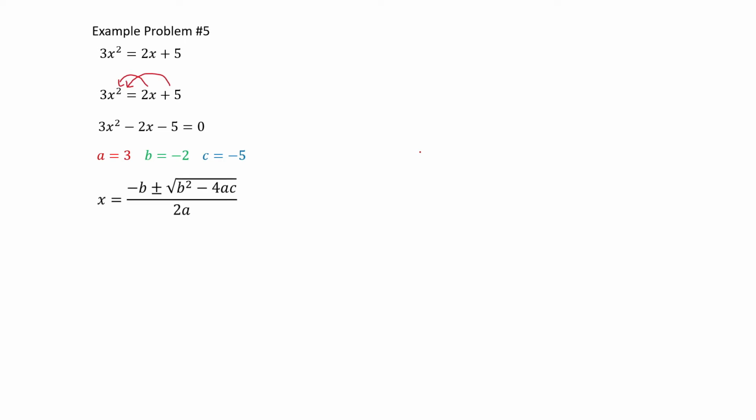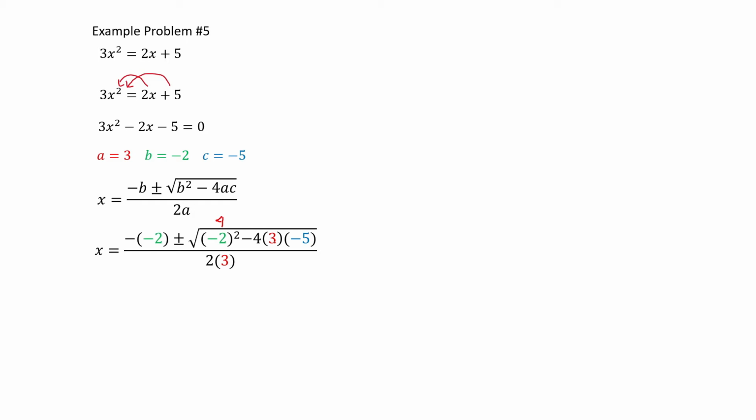Quadratic formula, and apply the ABC constants to the quadratic formula here. So first, compute inside of the square root: negative 2 times negative 2 will be positive 4. Negative 4 times 3, this will be negative 12.